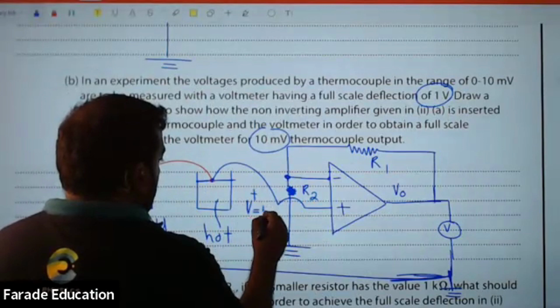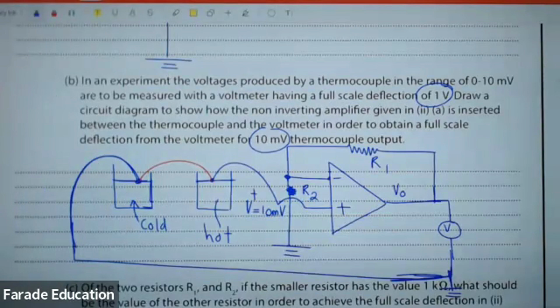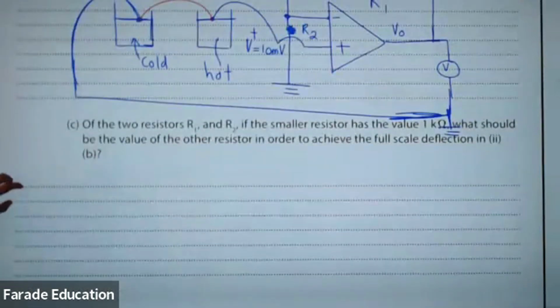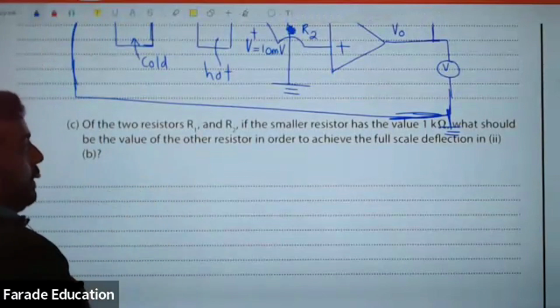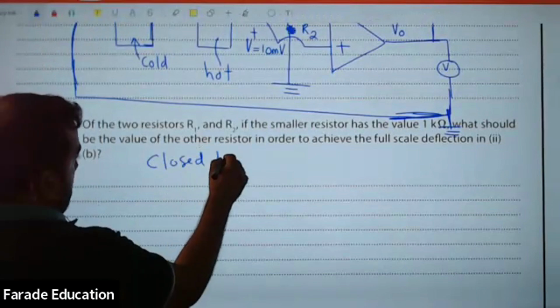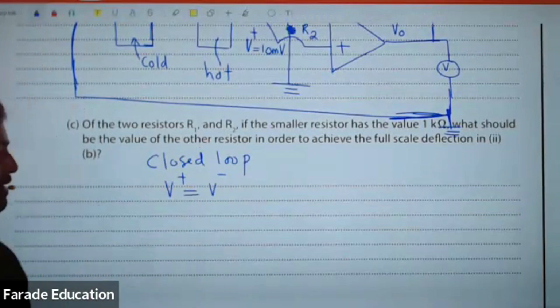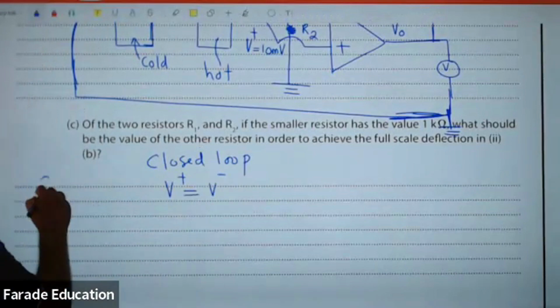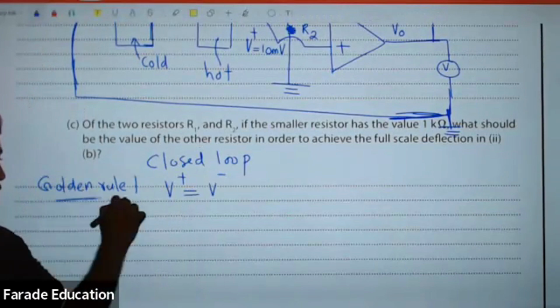V plus is equal to 10 millivolt. Think carefully and work. Looking at the closed loop circuit, golden rule 1: V plus equals V minus.